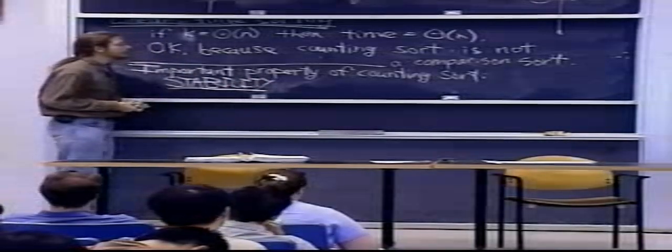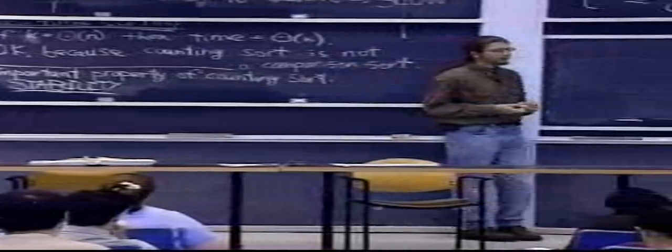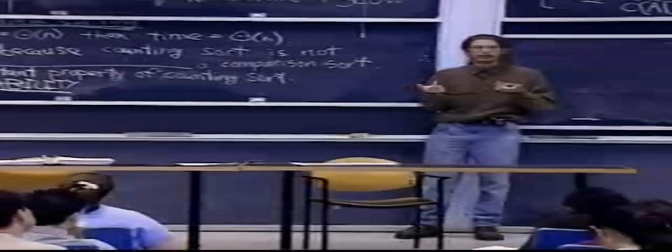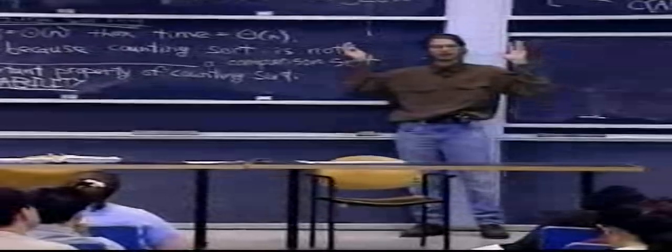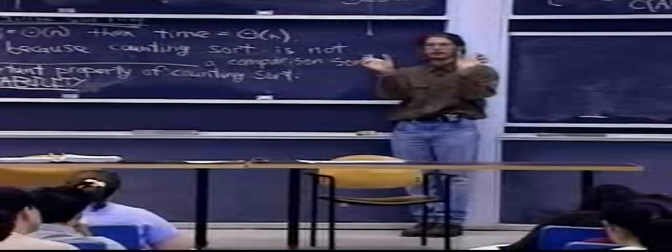So stability means that in our input, I've erased the example, unfortunately. In our input, we had equal numbers, like we had 2 3s. And those 3s could have had satellite data attached to them. Initially, this 3 was before this 3. Stability says that once you've sorted them, they're in the same order.